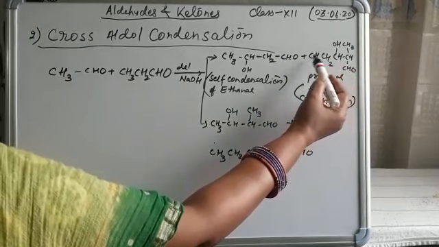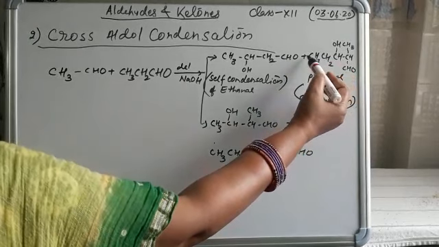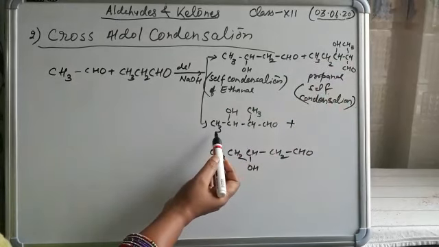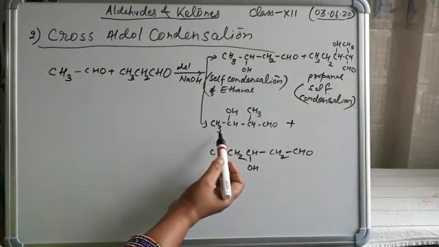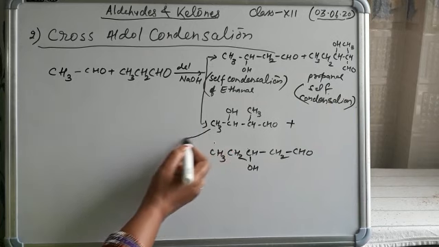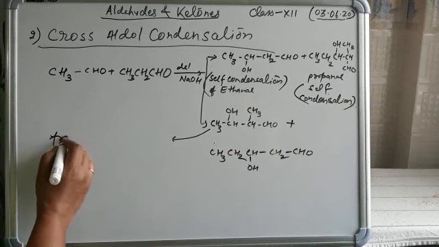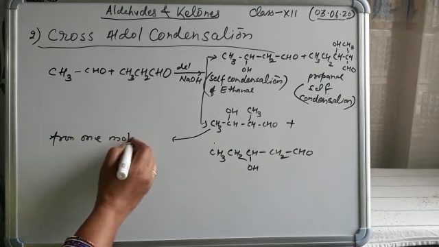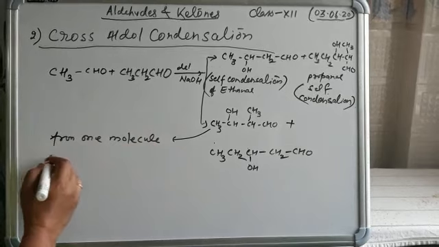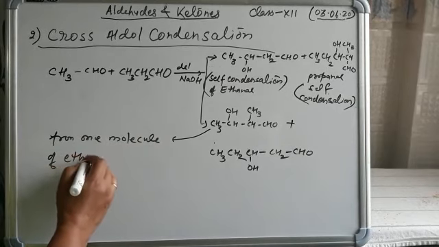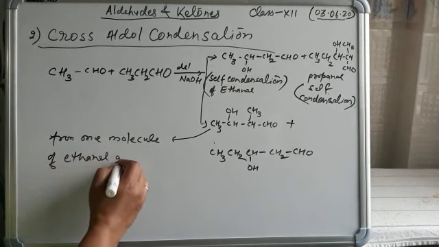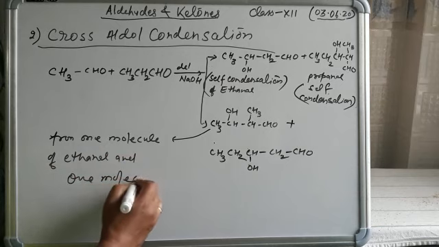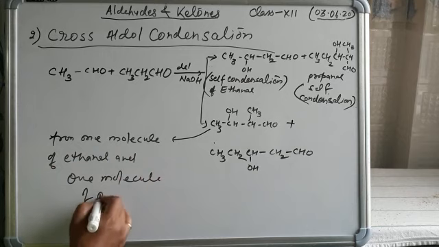3 hydroxy 2 methyl pentanol. And this will form 3 hydroxy 2 methyl butanol from one molecule of ethanol and one molecule of propanol.